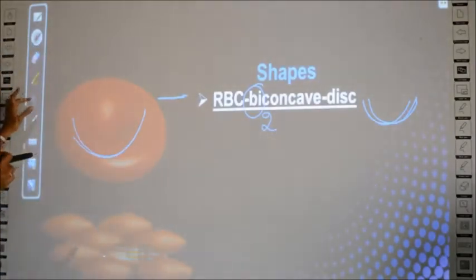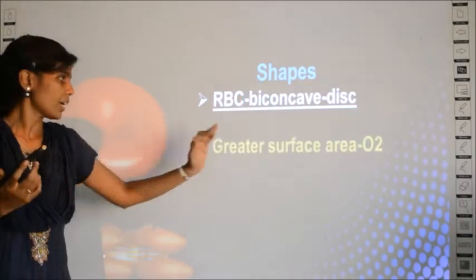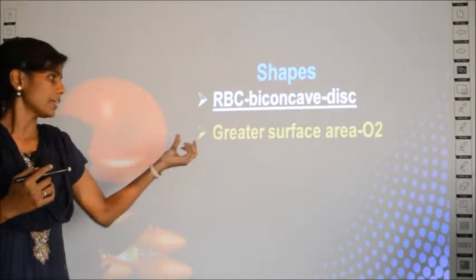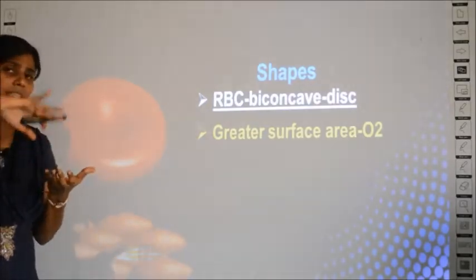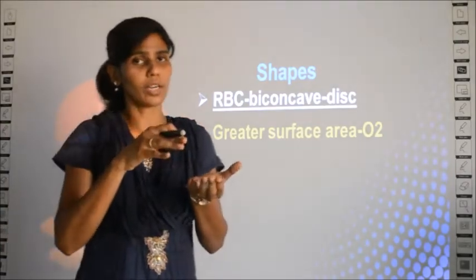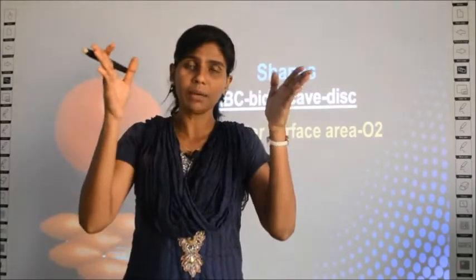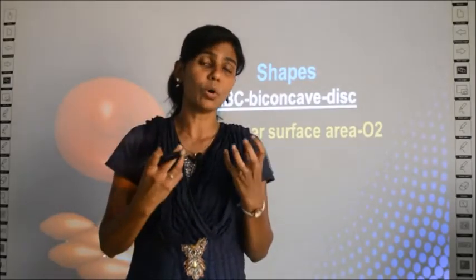What is the advantage of the biconcave shape of the RBC cells? Is there any advantage of this shape? Yes, there is greater surface area for the oxygen. Suppose you have a flat plate in your home, pour some water. At the same time, take the same size of a bowl and then pour water. Which will hold more water?